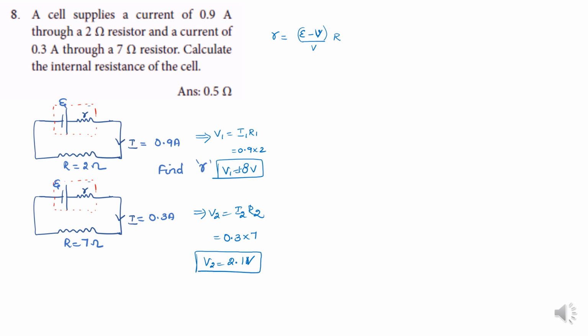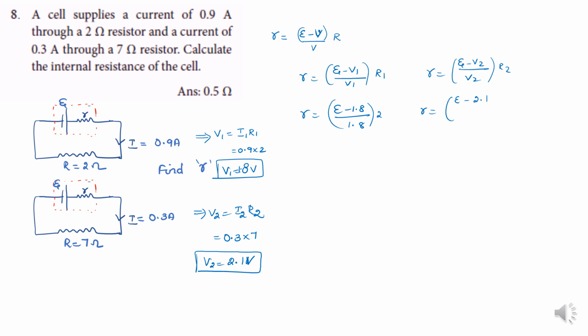Using the first data, r is equal to (epsilon minus V1) by V1 into R1, and r is also equal to (epsilon minus V2) by V2 into R2. So r is equal to (epsilon minus 1.8) by 1.8 into 2, and r is also equal to (epsilon minus 2.1) by 2.1 into 7.